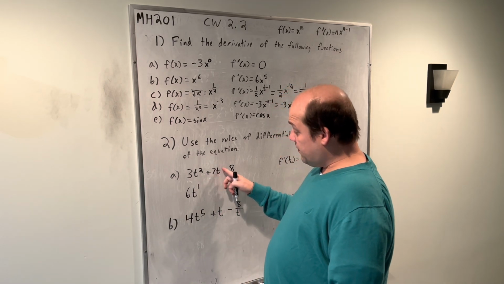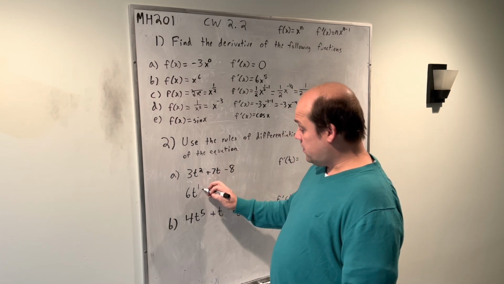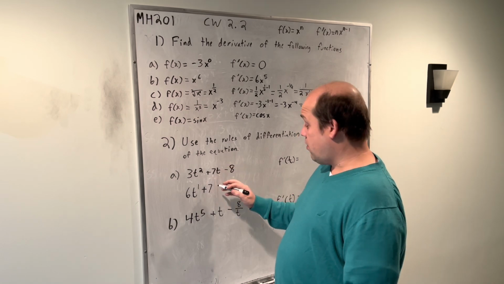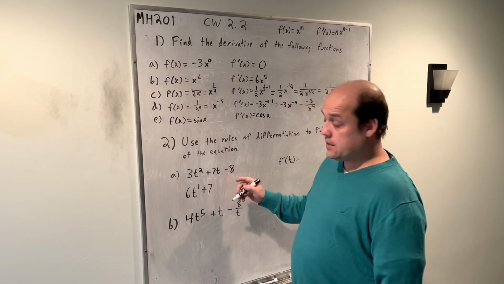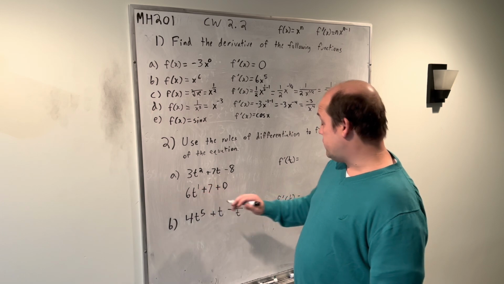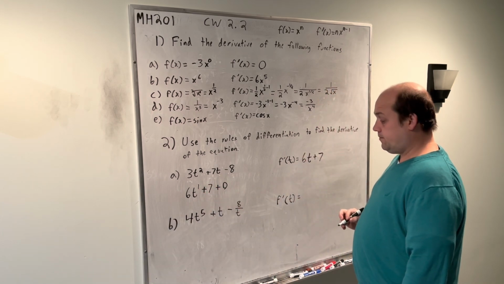Here, when I do 7t to the first, the 1 comes down. 1 times 7 is just 7. And then t to the 1 minus 1 is t to the 0, which means the t drops out. When I take the derivative of a constant, it always equals 0. So I really have 6t to the first plus 7, which I can write as 6t plus 7.